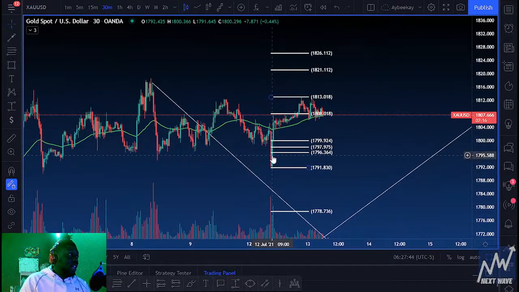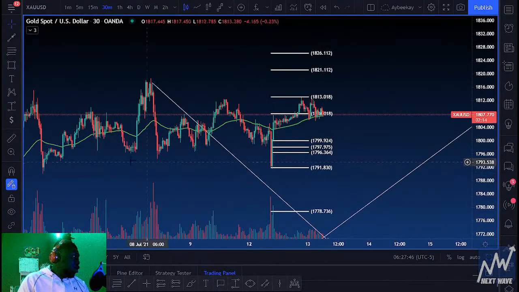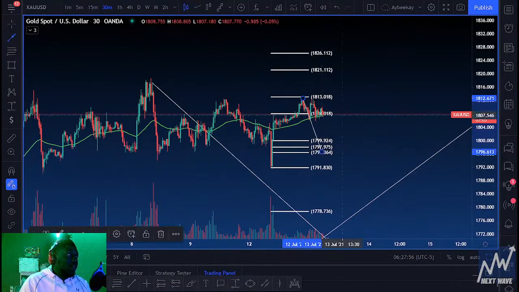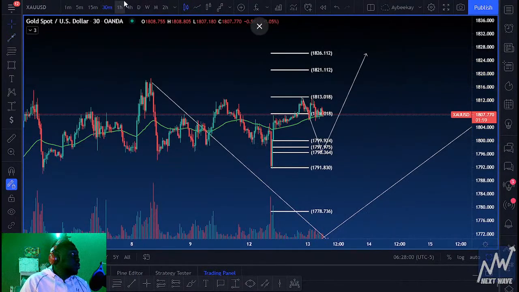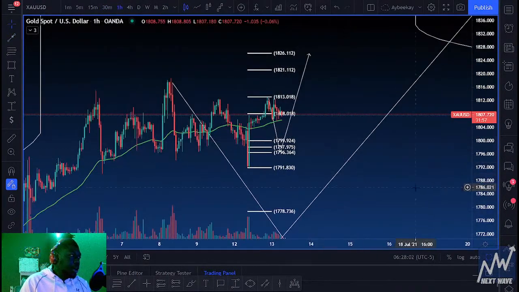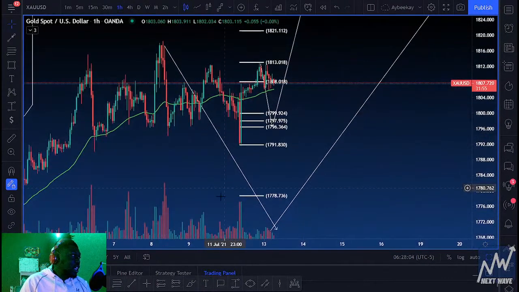After seeing that move right there, although yes, it did come to these equal lows, which makes me a little iffy about it, I still can't ignore that price action and the volume that came with it. I can't ignore it, right? On the 1 hour, it's not even that great compared to what this volume was.